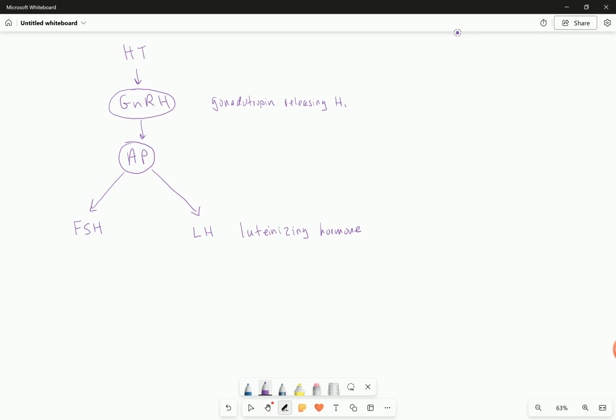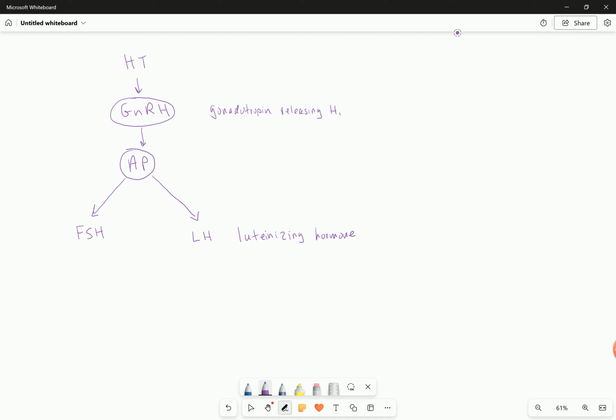Luteinizing hormone and then follicle stimulating hormone. Now sometimes the answer is within the word itself. So follicle stimulating hormone, well, what do you think that's going to stimulate? Well, the answer would be follicles.